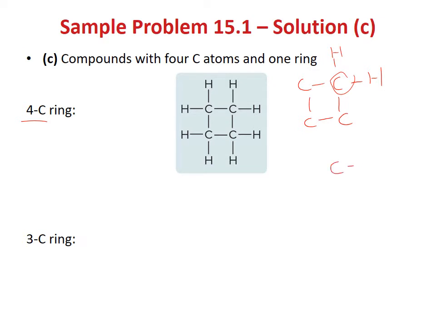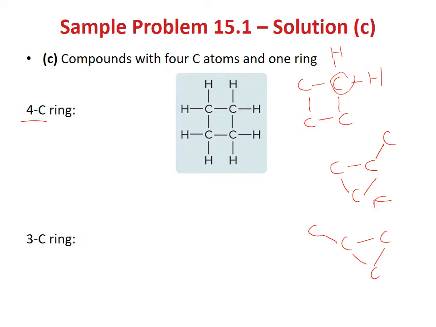And now let's draw a smaller ring, a 3 carbon ring. So 1, 2, 3, and because the compound has 4 carbons, we need to add 1 more carbon to one of the carbons on the ring. So let's add here. That's the skeleton structure. Now if we add to another carbon, for example here, these 2 should be the same arrangement.